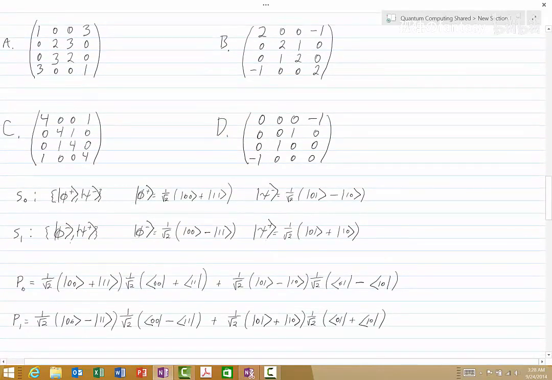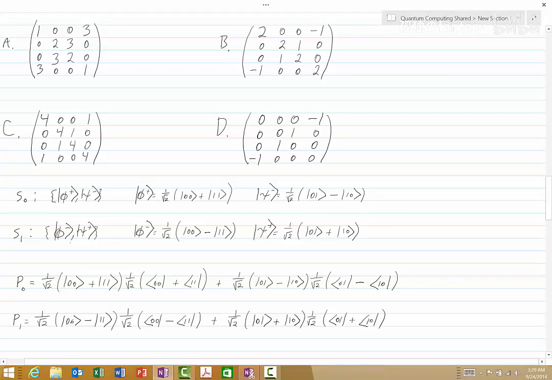So if we write out the projectors for each one of these subspaces, it's just as we did before. We take the bra form of each ket in the basis. So here's the first ket in the basis for S0. We're looking at P0 first. Here we've written down that ket, and then we follow it by the bra form of that same ket.